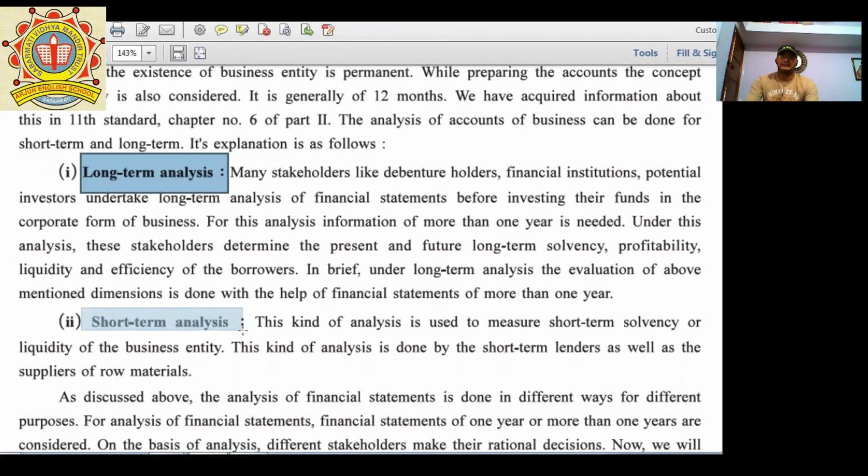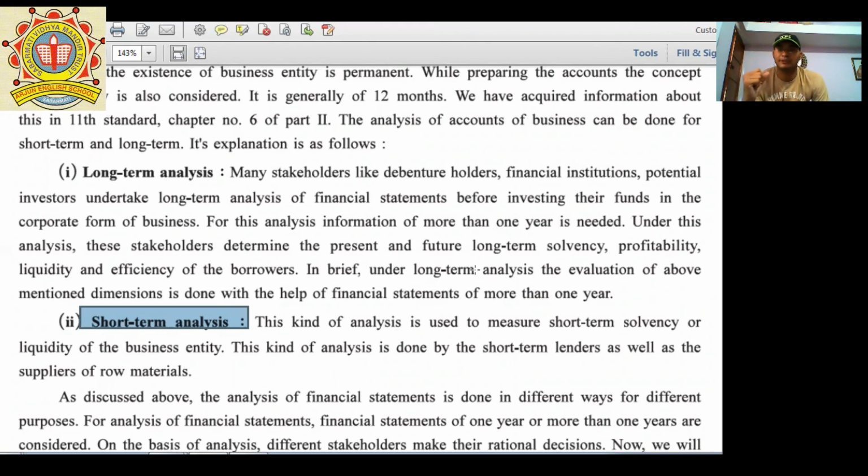But short-term analysis is only to check the liquidity or solvency of the business. Like if any creditor, means trade payable, wants to sell their goods to our company, before providing goods to our company, they clearly check the solvency.